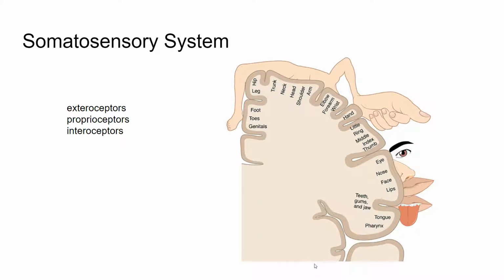All right, so just a couple of thoughts here. This idea of the somatosensory system, somato body sensory system. So this is just the senses, the body being able to sense the things that are going on. There are 3 different kinds of receptors: exteroceptors, proprioceptors, and interoceptors. We'll talk about those all.